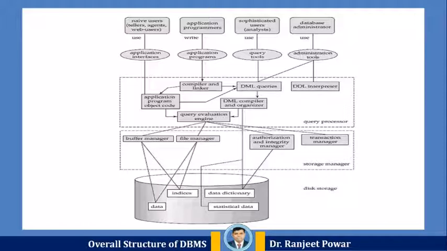Indices provide fast access to data items that hold particular values. And the next is statistical data, which stores statistical information about the data in the database. This information is used by the query processor to select efficient ways to execute the query.